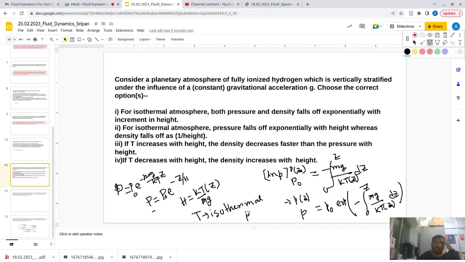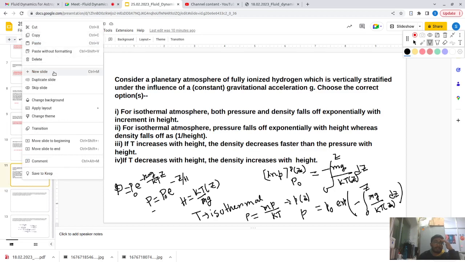So rho, from the first equation, P is rho kT by m, so rho is just mP by kT. Now if we look at this, you see that you have P as P naught exponential minus z by h. Let me take a new page.